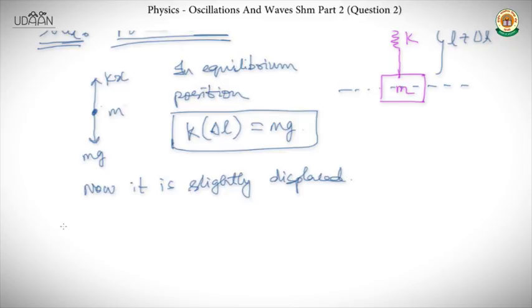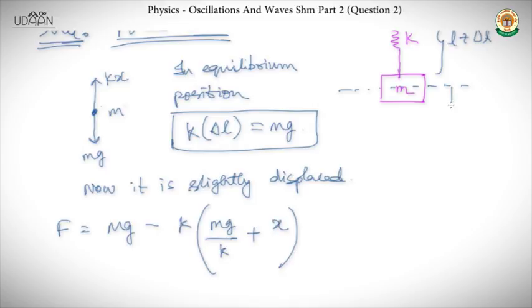So the resultant force acting will be F is equal to mg minus k into the elongation, which is mg by k plus x. x is the displacement from the equilibrium position. So the total elongation of the spring will be delta L plus x. The delta L is mg by k from the first equation.